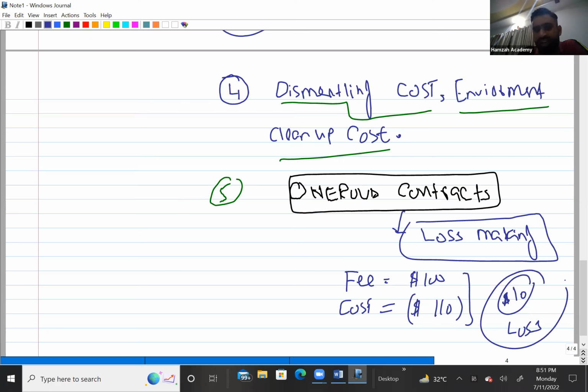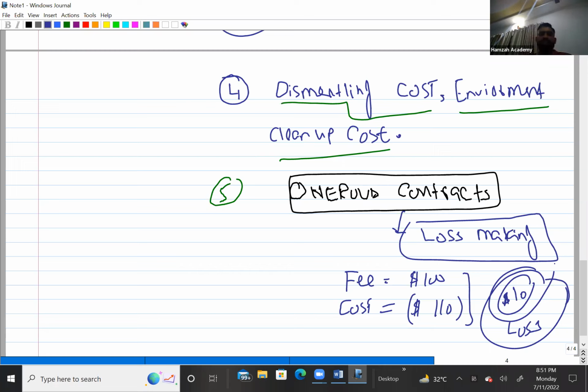Such contracts are known as onerous contracts. Now, we have signed a contract, so there is a past event. We have the commitment to fulfill that contract, a present obligation, and we have a probable net loss of $10 million. So it fulfills the definition of a liability. So we will make a provision for onerous contracts.